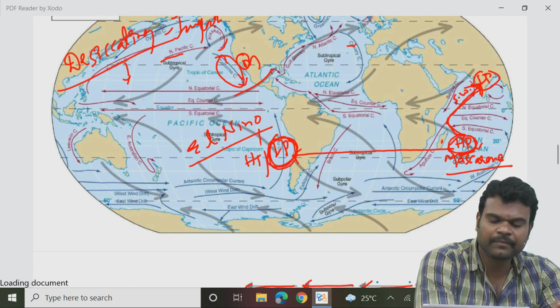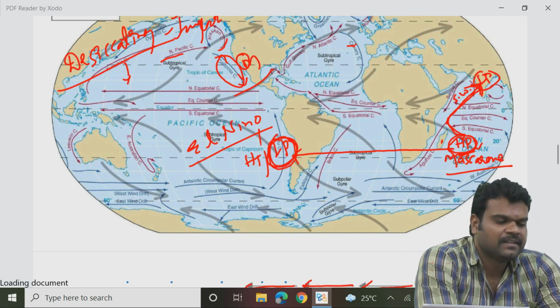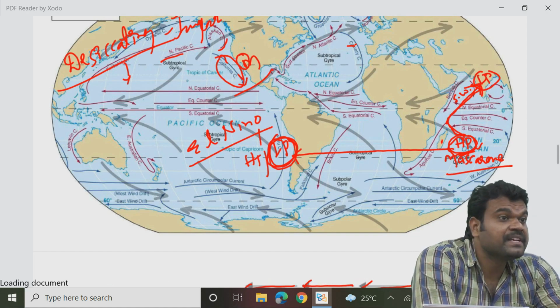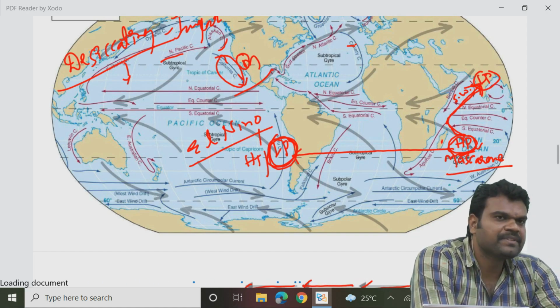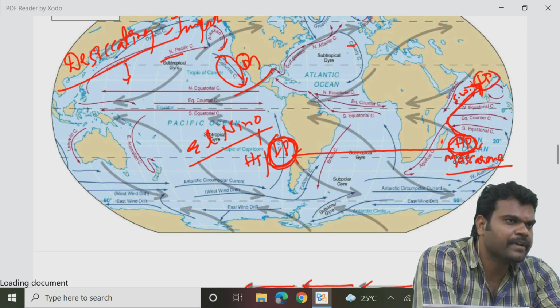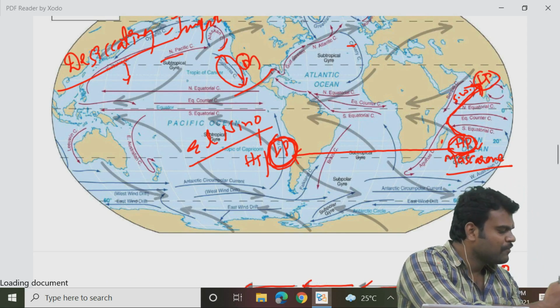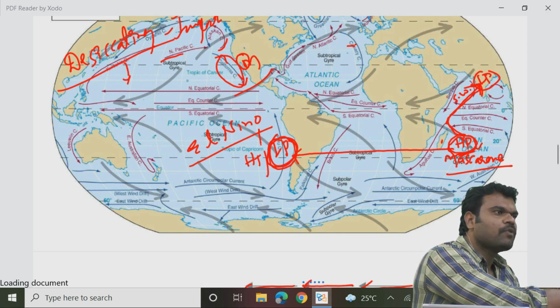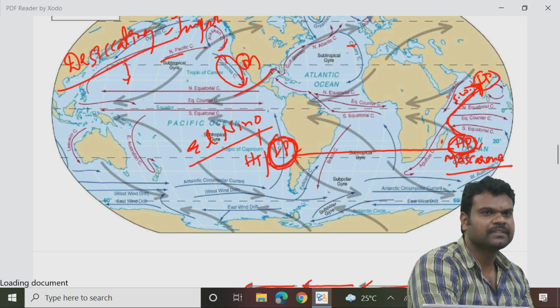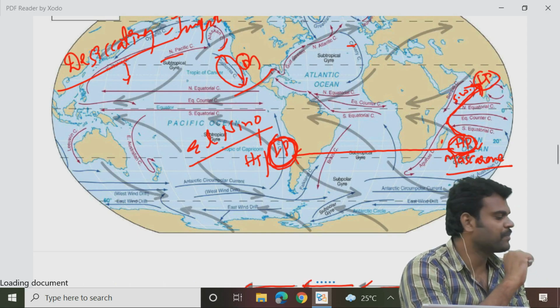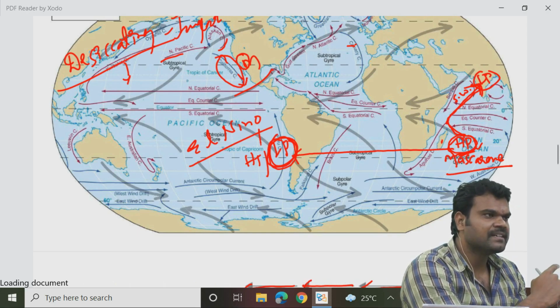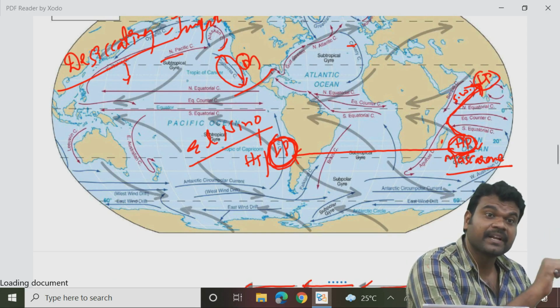Got it? Now, after that, strengthening of trade winds occurs, which means that for a certain period of time they will be weak, then after that they again become stronger. When they become stronger, what about their capacity to drag the waters? Increases. That is the normal condition. But sometimes the strength of trade winds increases tremendously compared to the regular velocity.